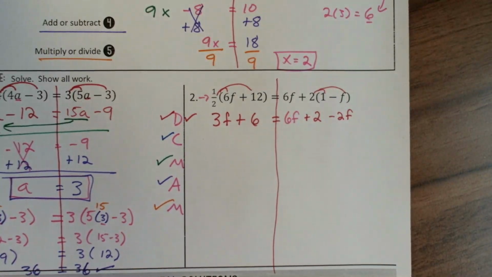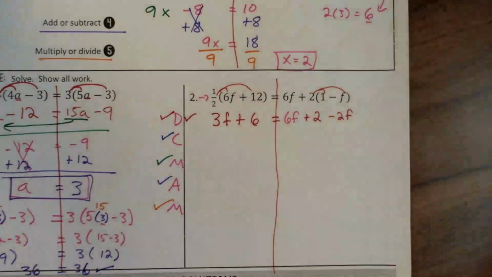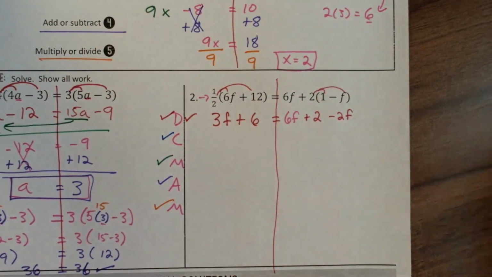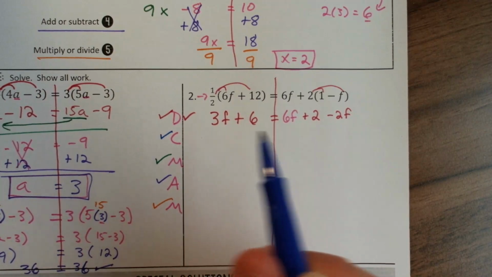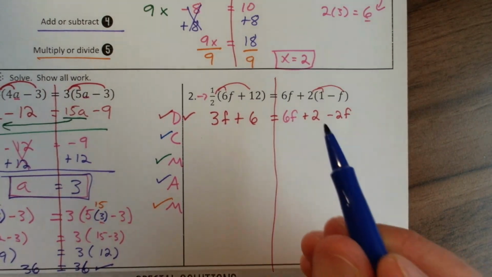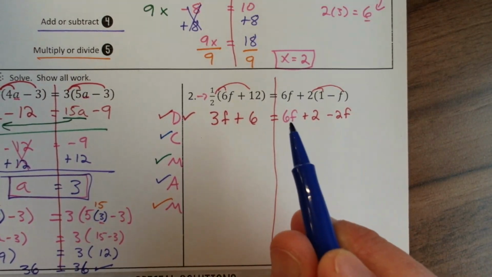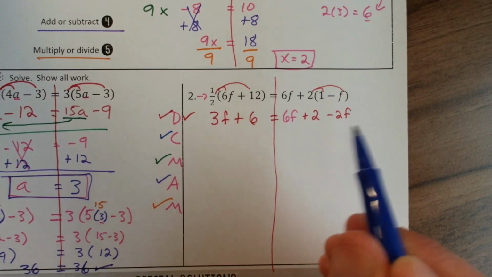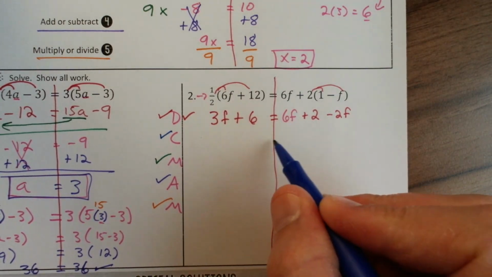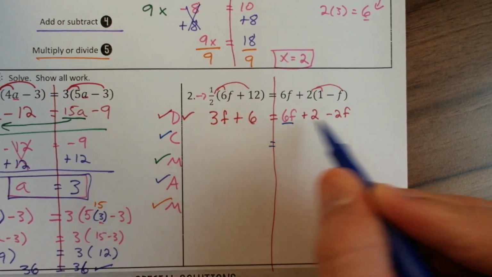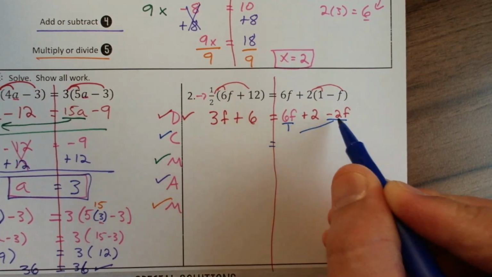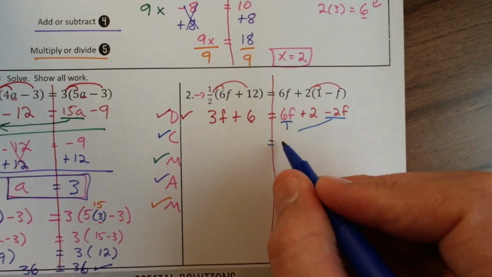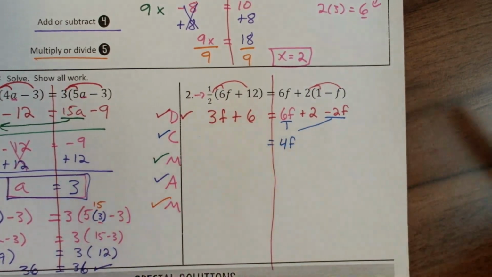Second step, combine like terms. On the left side, I have 3f plus 6. I have no like terms over here, so I can't combine anything. That's done. Over here, I have 6f and I have negative 2f, so I can combine these things. 6 minus 2 is 4, so this becomes 4f.